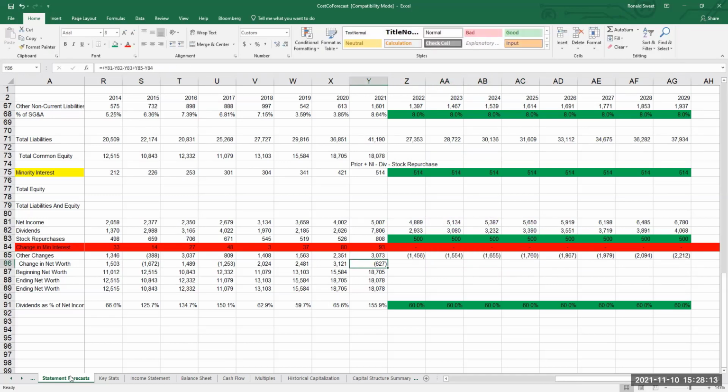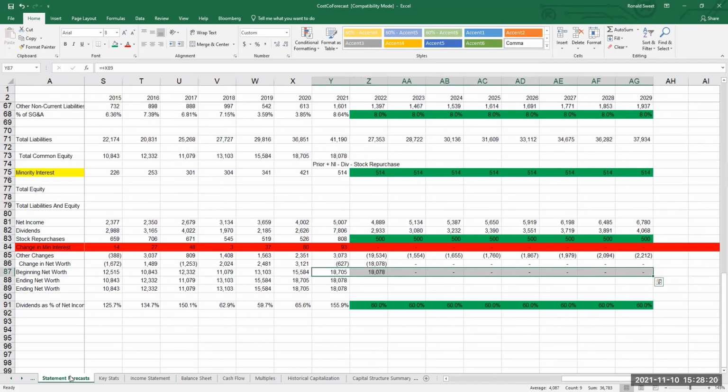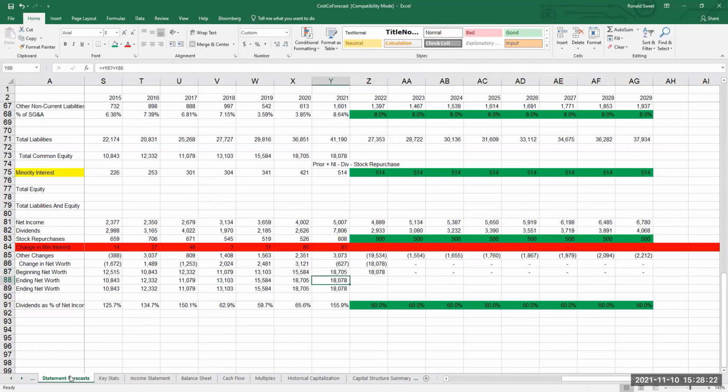We'll have to put that in there. Then changing net worth, gaining net worth, net worth.